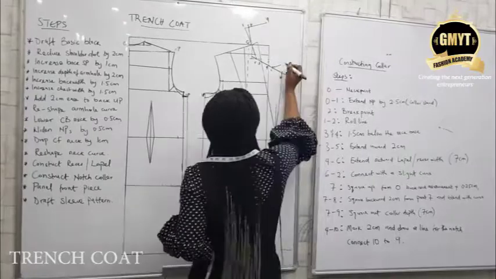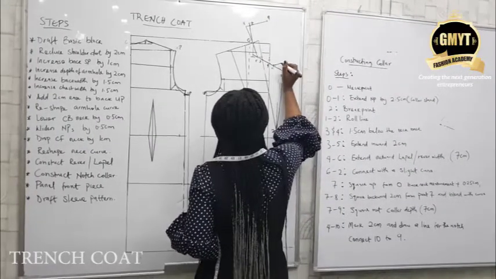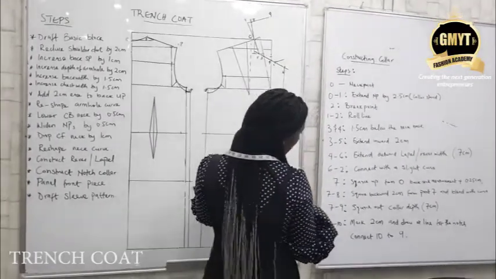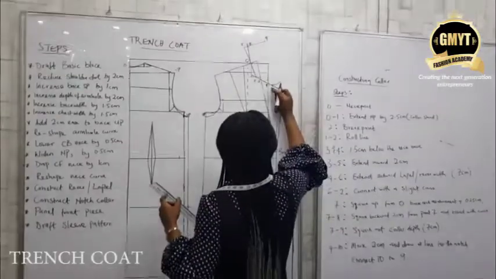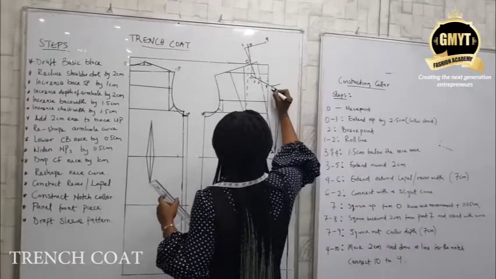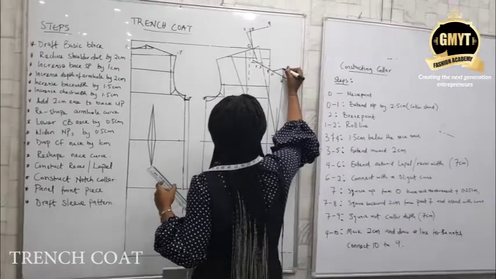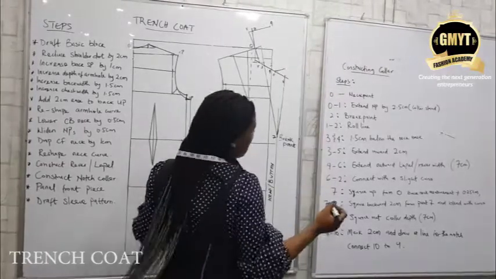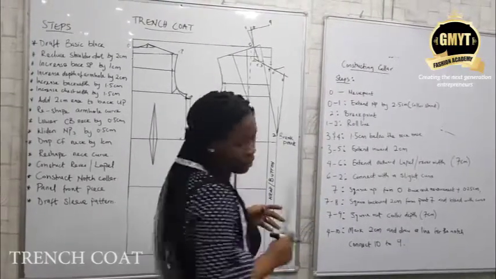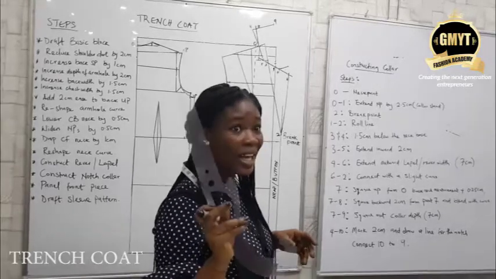So after I've constructed my notch line, then I connect it back to my point 9 with a slight curve.